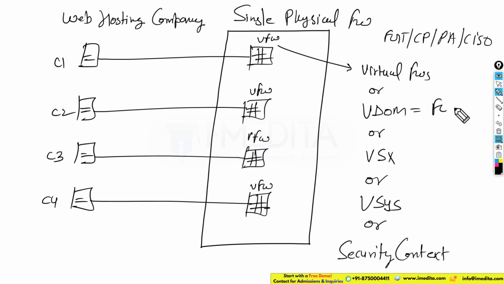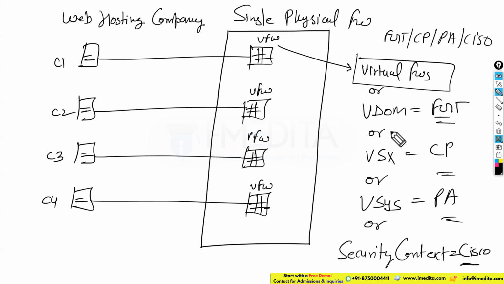VDOM is called by FortiGate, VSX by Checkpoint, VSys by Palo Alto, and security context by Cisco. All vendors' firewalls support a virtual firewall, called VDOM, VSX, VSys or security context.